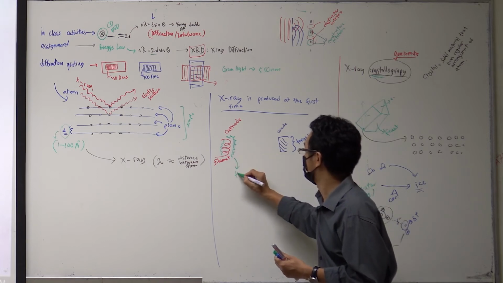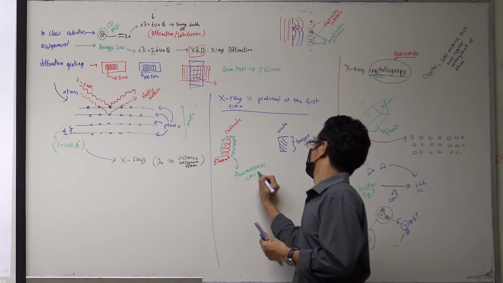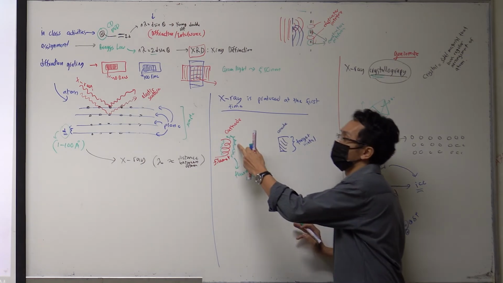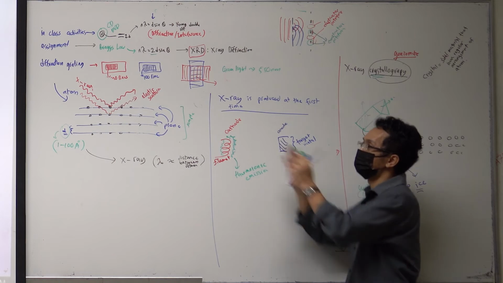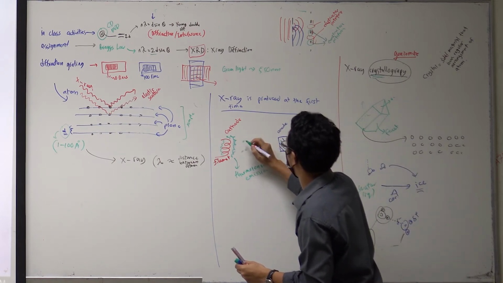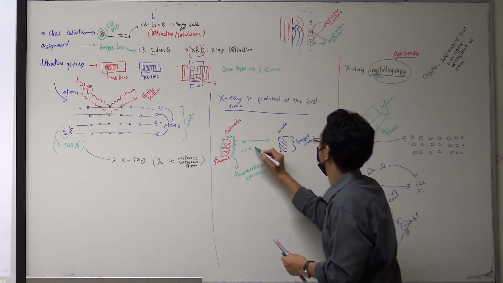They call it thermionic emission. What it means is that the electrons from this will be excited out. And because the cathode and anode have different polarity, they will go here.